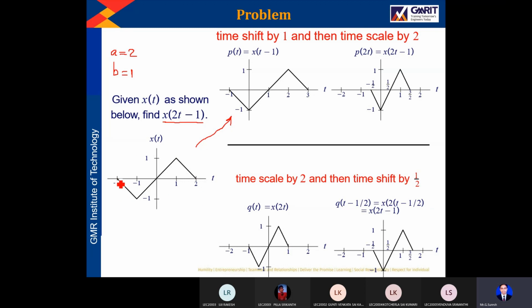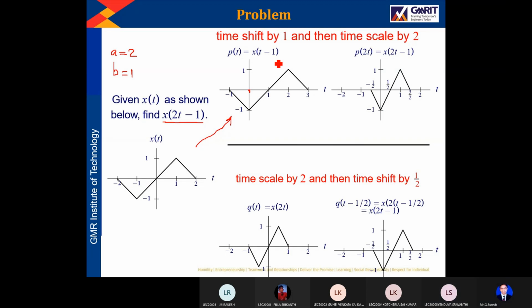So for all these time instants you have to add +1. -2 plus 1 means it appears at -1. Whatever amplitude you have at -1 will appear at t equal to 0, and so on. The value at 2 will appear at 3. This is how we have shifted it by 1 unit of time. Is it clear?